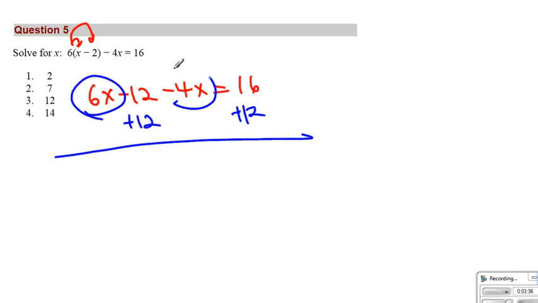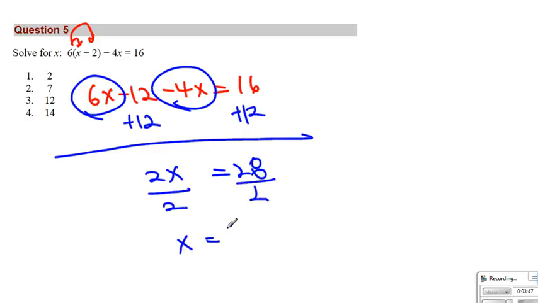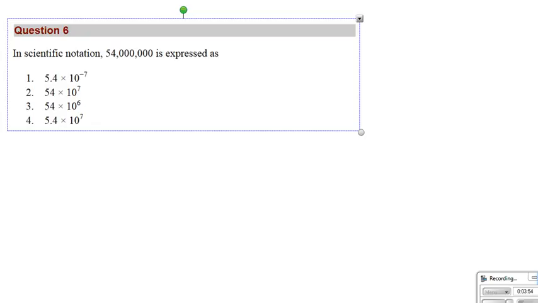And 6x and minus 4x will combine together, which becomes 2x is equal to 28. Now, how do you find out the value of x? Divide by 2, where x is equal to 14. Choice 4.